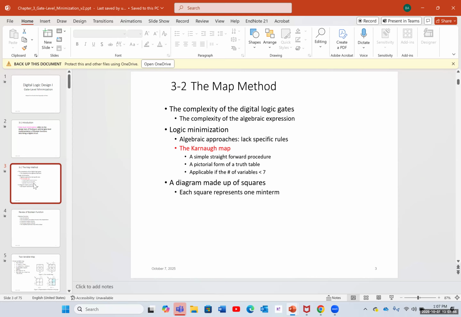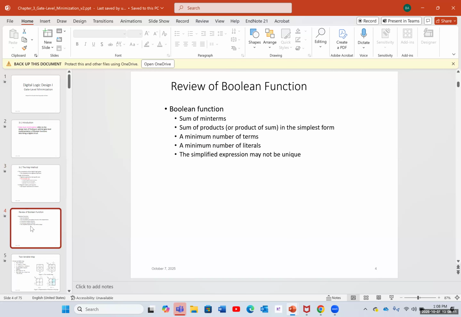The K-map is a diagram made up of squares, and each square represents one minterm. And as you remember, from minterms we can create the sum of products. A little review of the Boolean functions and what we learned in the previous chapter. We learned about the sum of minterms, or what we call the sum of products.